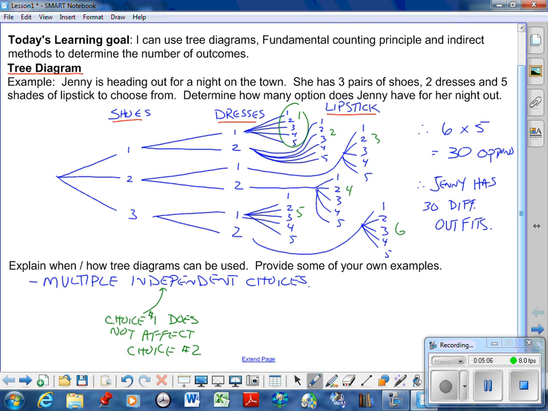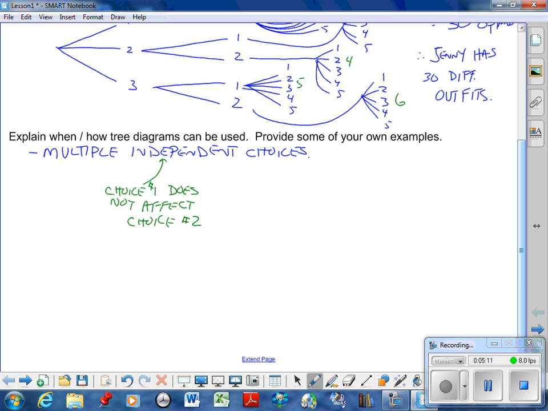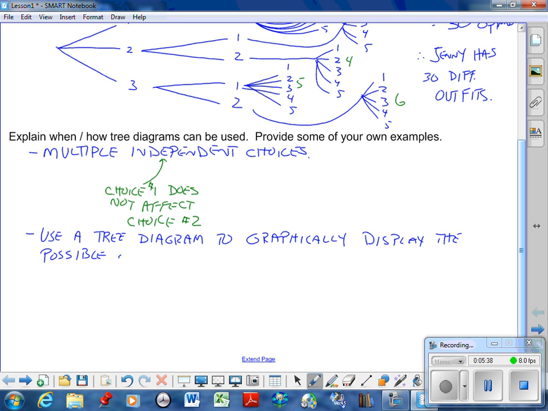When would you use them? You use a tree diagram to graphically display the possible outcomes for a series of decisions.